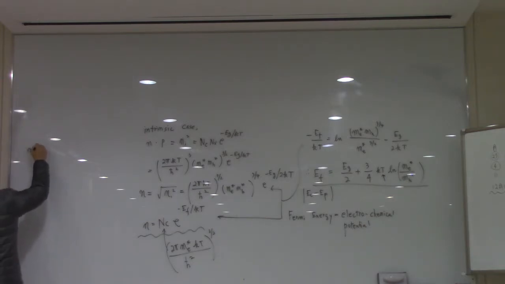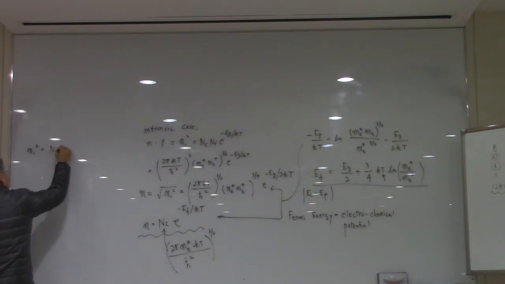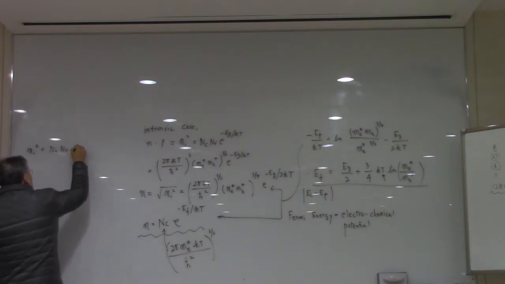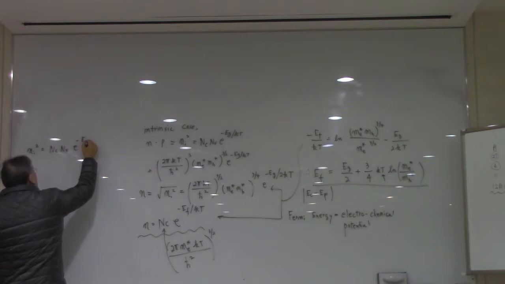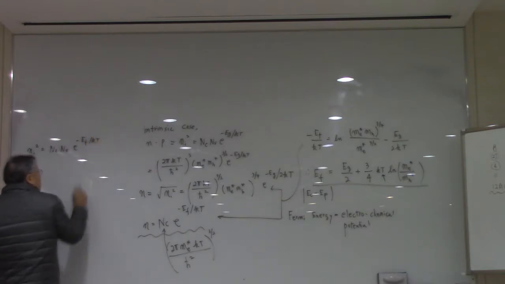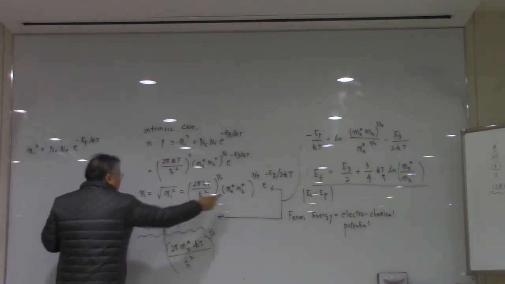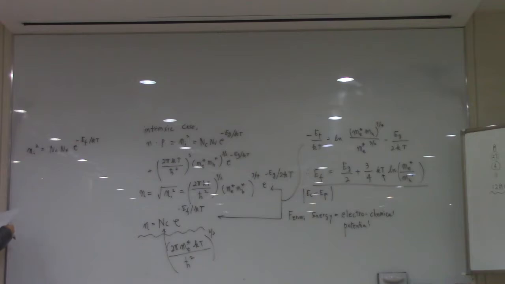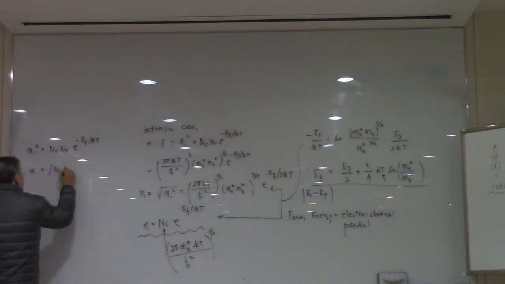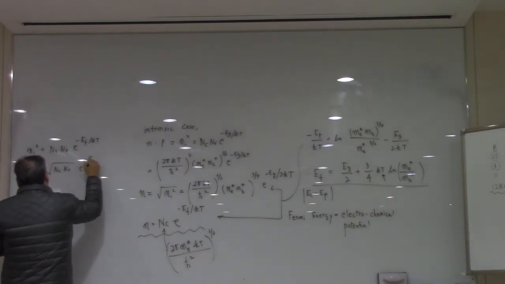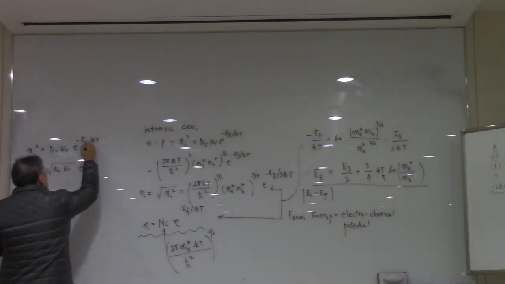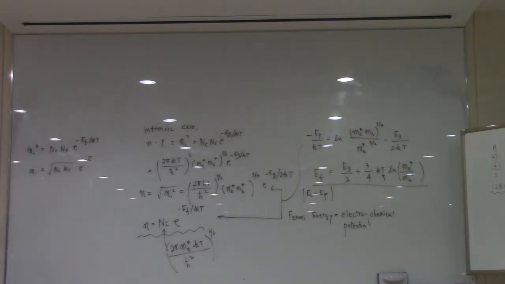Now, Ni squared is Nc Nv e to the minus Eg over kT. From this equation, Ni is going to be the square root of Nc Nv e to the minus... oh, sorry, this has got to be the band gap.